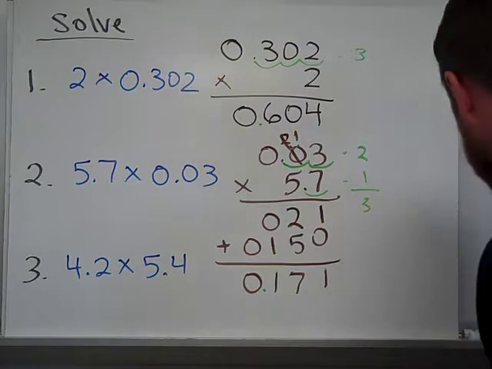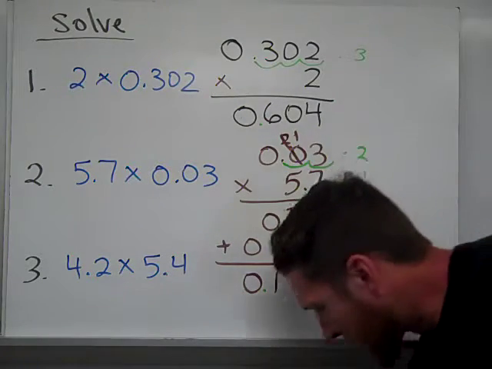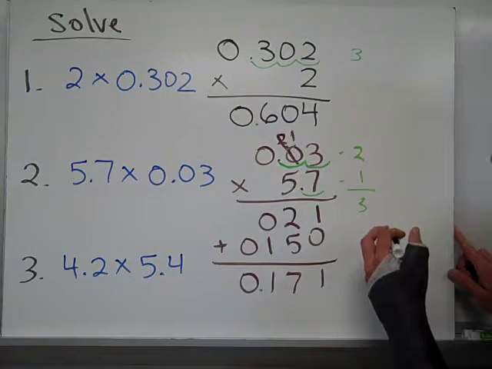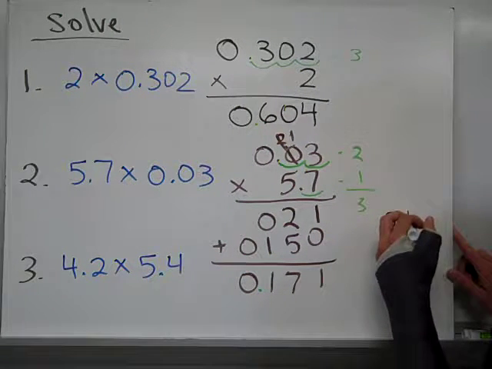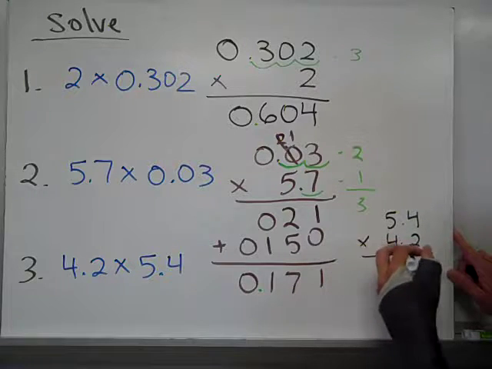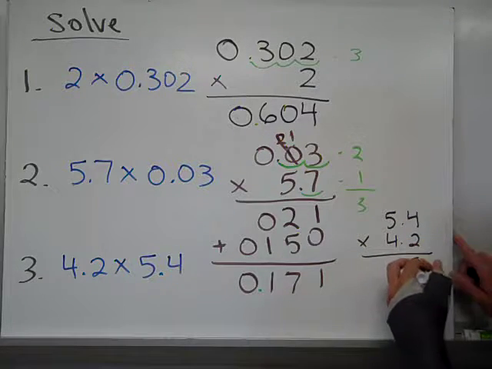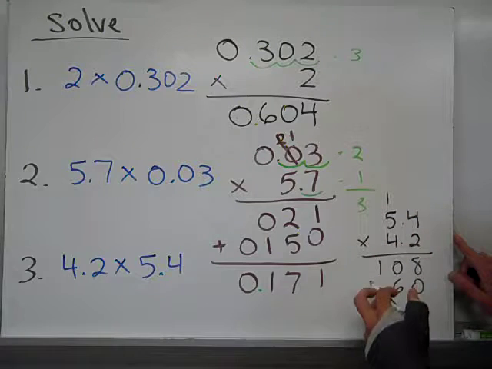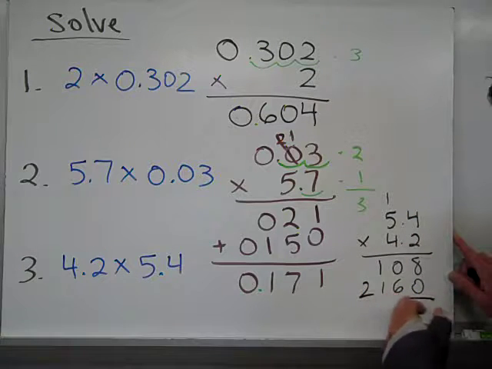Alright, we've got one more, and I don't really have room, so we'll squeeze it in right over here. We'll go 5.4 times 4.2. 4 times 2 is 8, 10, place value 16, 21.